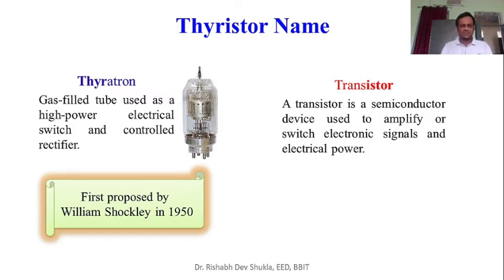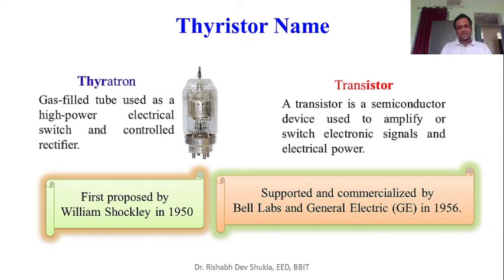The thyristor was first proposed by William Shockley in 1950. In 1956, it was supported and commercialized by Bell Labs and the General Electric Company. These two companies, Bell Laboratories and General Electric, jointly supported and commercialized thyristors in 1956.